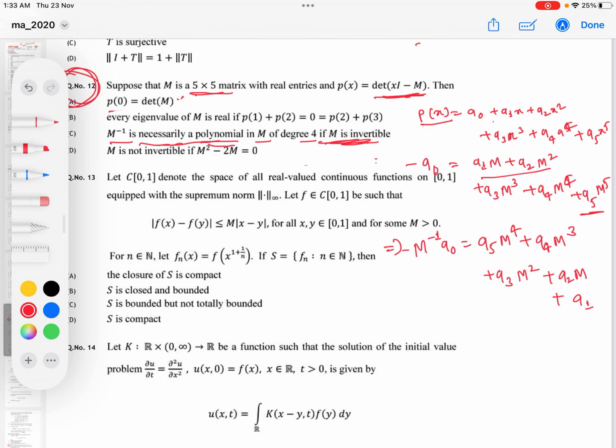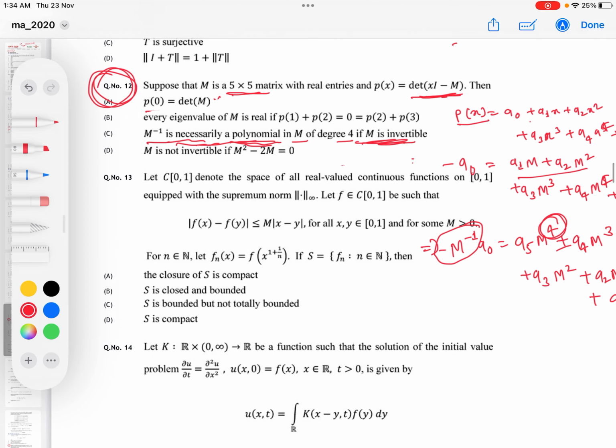So this M inverse is necessarily a polynomial in M of degree 4. So this option C is correct.